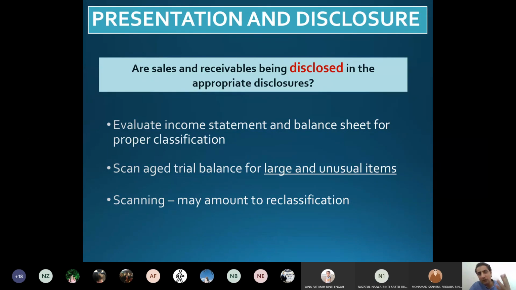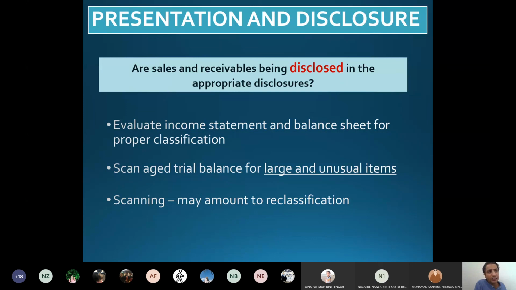We need to include four items in our design. One is the type of audit procedures. Number two is the sample size, number three is the items to select, and number four is the timing, when to perform this test.